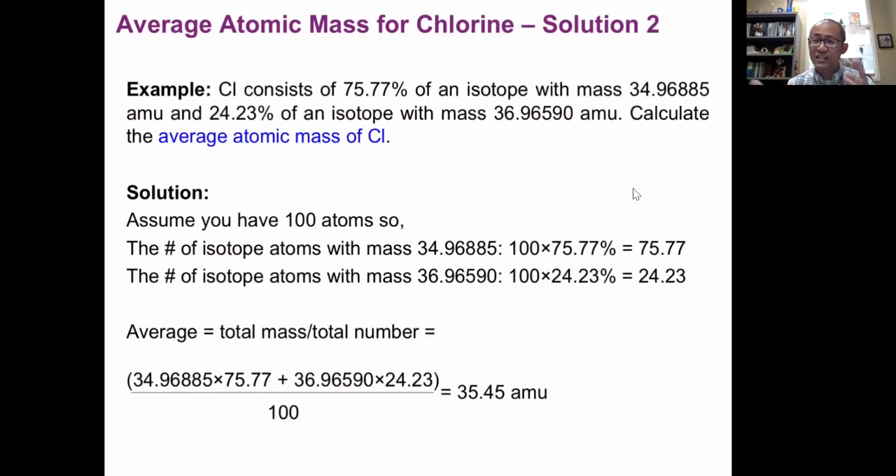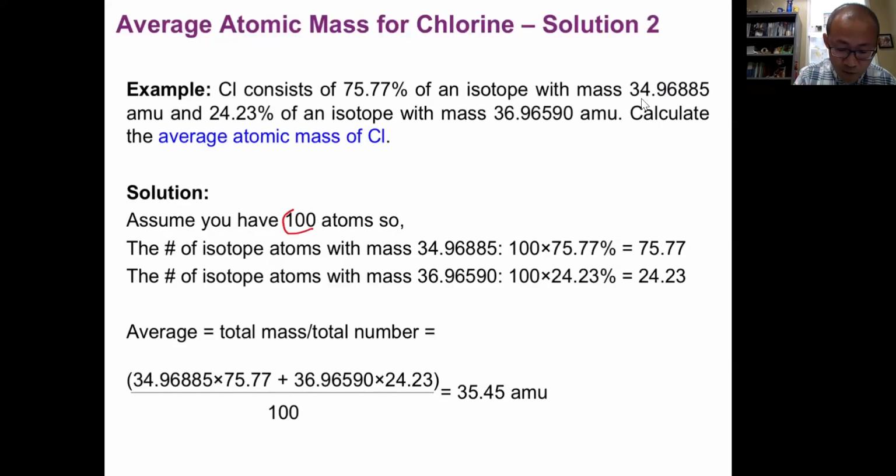Another solution, which I think you can understand a little more, because it's an average. Let's assume we have 100 atoms.